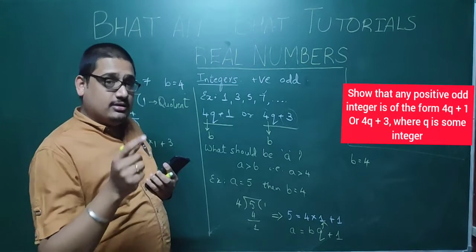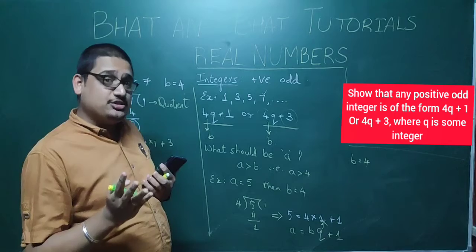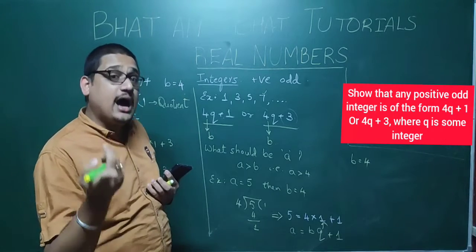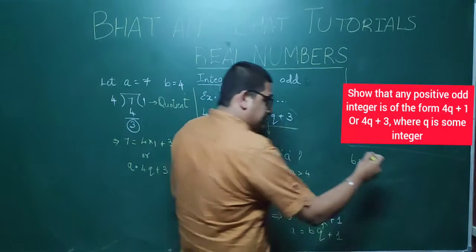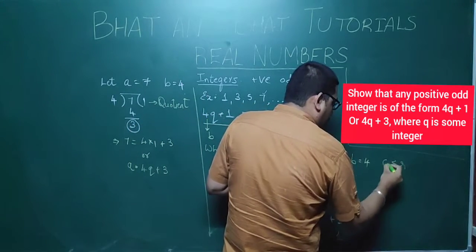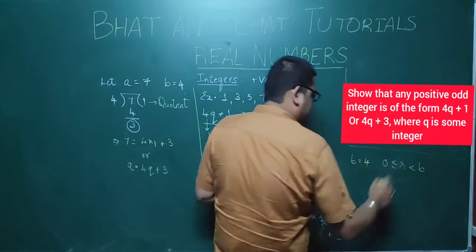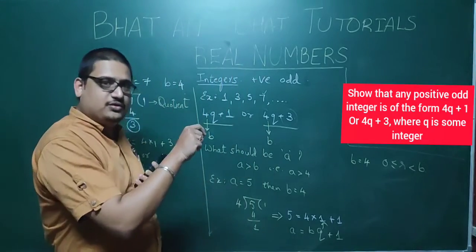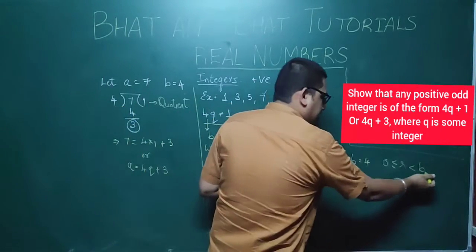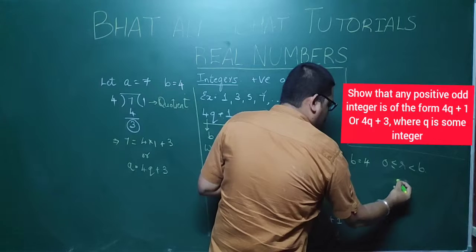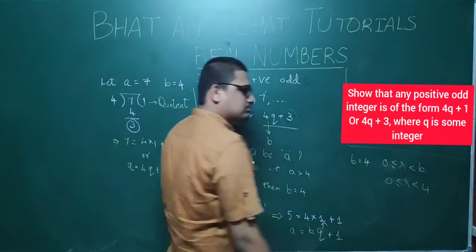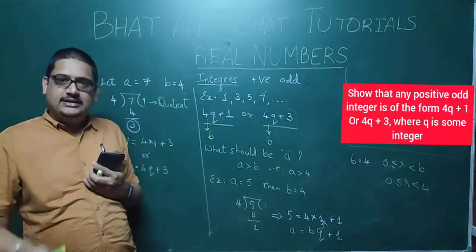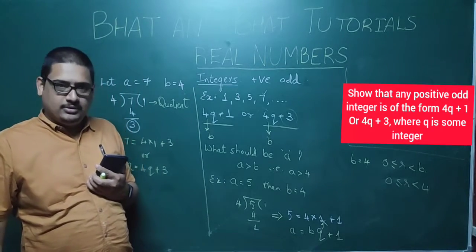It says A is equal to BQ plus R, where R is greater than or equal to 0 and less than B. So observe, the beauty of this question is that you know what B is. That means your remainder should be greater than or equal to 0 and less than 4. It cannot be any other remainder, correct?